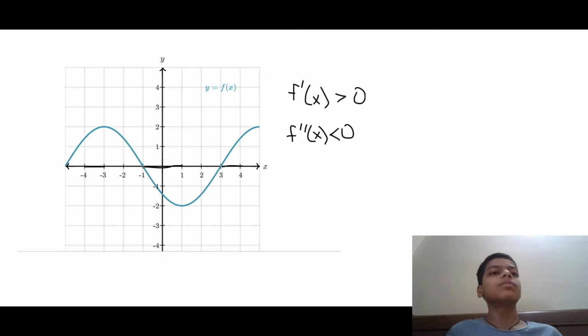Okay, let's see from -1 to 1. From negative we are approaching 0, so we are increasing over this interval, and we are also negative. This is our answer, -1 to 1. Correct. Let's see this one. From 1 we are approaching a positive value, but we are not agreeing with this statement, so there's only one, -1 to 1.